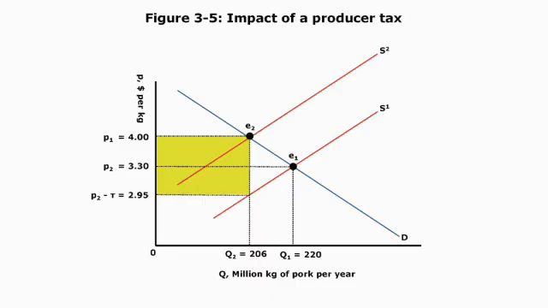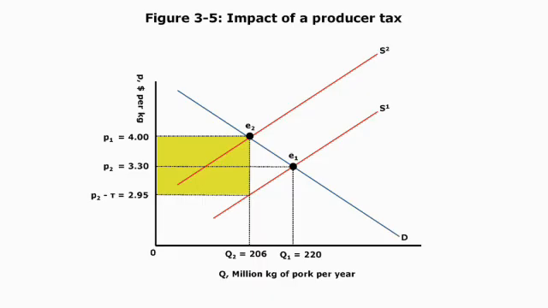Now you might say, what gives you the right to get that? It's not about rights, it's about what producers are willing to do. That same supply curve that tells us they're willing to sell 220 million kilograms at $3.30 says if you want them to keep selling 220 million kilograms but also pay $1.05 to the government, they're going to have to get $4.35 a kilogram.